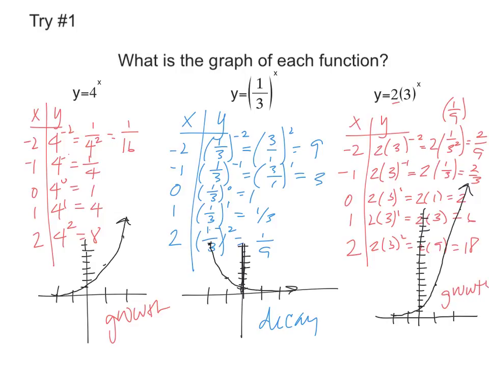Now, I'm hoping you've been able to determine now what makes something growth versus decay. Okay, so if we go back to the formula, y equals a b to the x, remember it is your b that is going to determine if it's growth or decay. The growth would be that b is greater than 1.